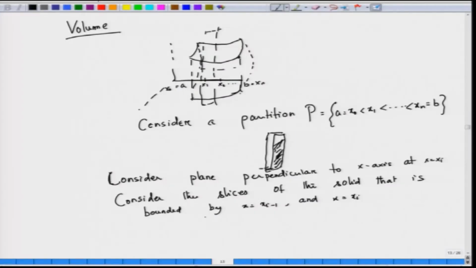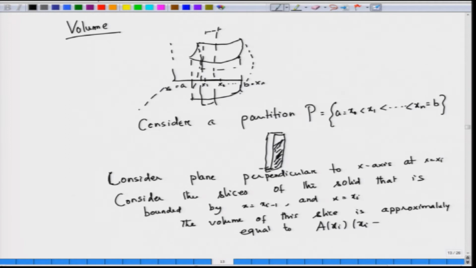Now, what do you get? The volume of this slice is approximately equal to the area of the surface times x i minus x i minus 1, that is the thickness.